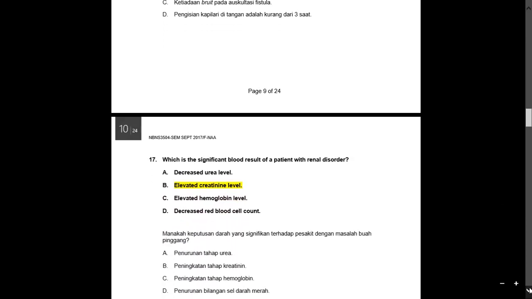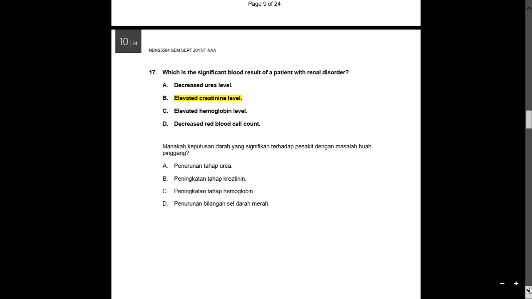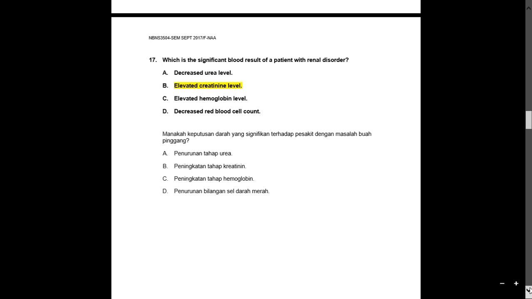Question number 17. Which is the significant blood result of a patient with renal disorder? When there is a renal disorder, urea level will go up. So answer A is wrong, as it says decrease urea level.